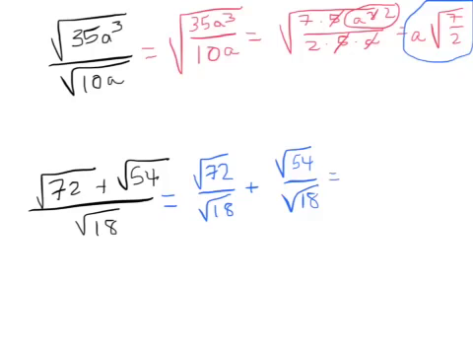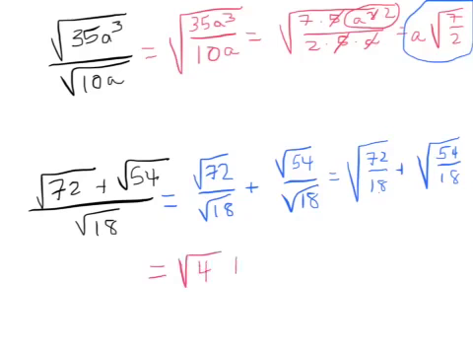And now what I'm going to do is put each one of these underneath its own radical sign and simplify it. So I've got radical 72 over 18 plus radical 54 over 18. Well, I know that 18 goes into 72 4 times, and 18 goes into 54 3 times.